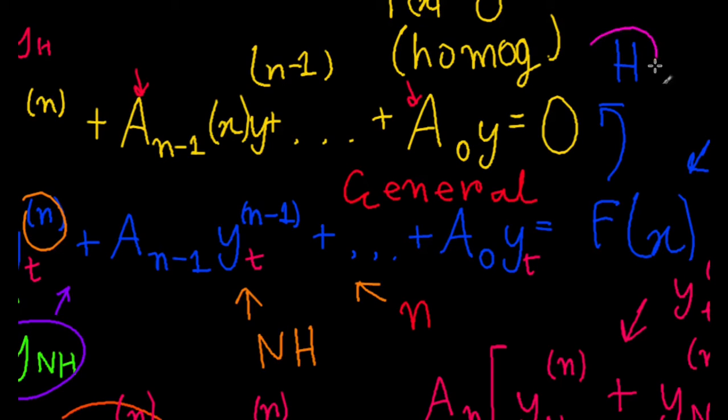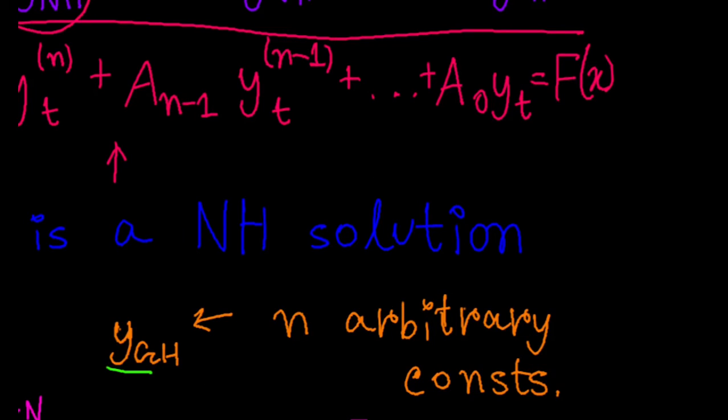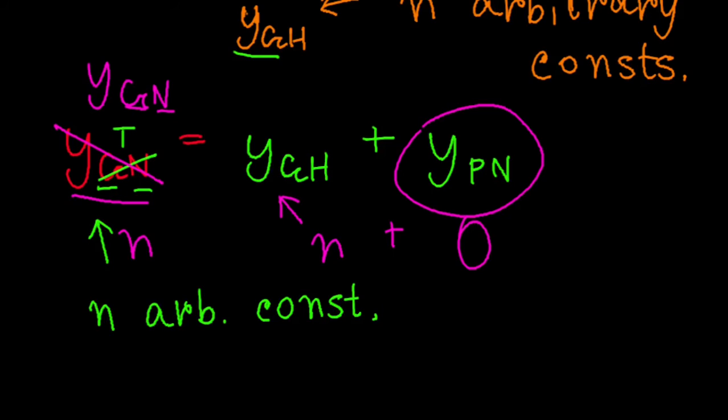I'm going to get a homogeneous differential equation. I'll find the general solution of that. And if I just add any particular solution to my non-homogeneous differential equation, I'll get the general solution to my non-homogeneous differential equation.